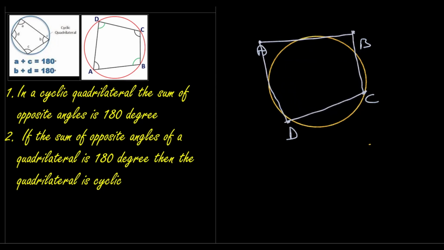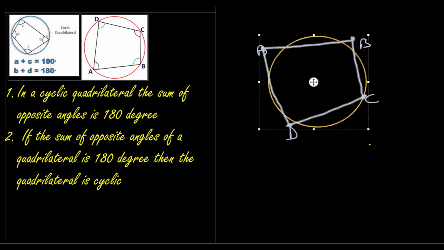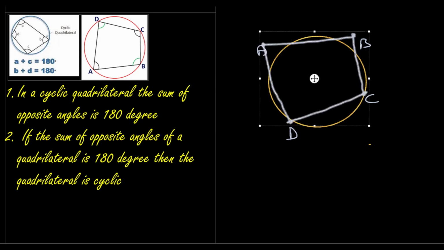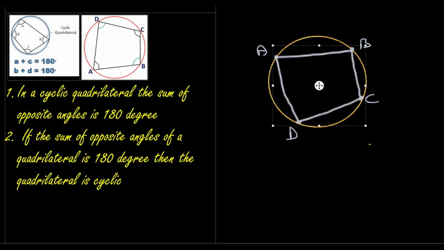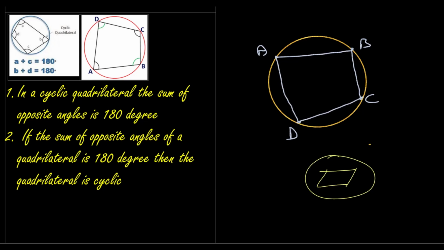Similarly, if three points are on this circle but the fourth point is outside, then it is not a cyclic quadrilateral. Many of you get confused when a cyclic quadrilateral is given. It's not a quadrilateral which is inside a circle. It's a quadrilateral whose all four vertices have to be on the circle. That's what a cyclic quadrilateral is.